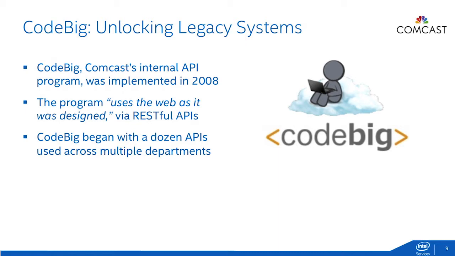It started out in 2008, and we knew that using RESTful APIs was very important for this platform. It's stateless, and stateless is very important to us. So we've been promoting and evangelizing REST and APIs internally. And so we started out with a dozen APIs across multiple departments.